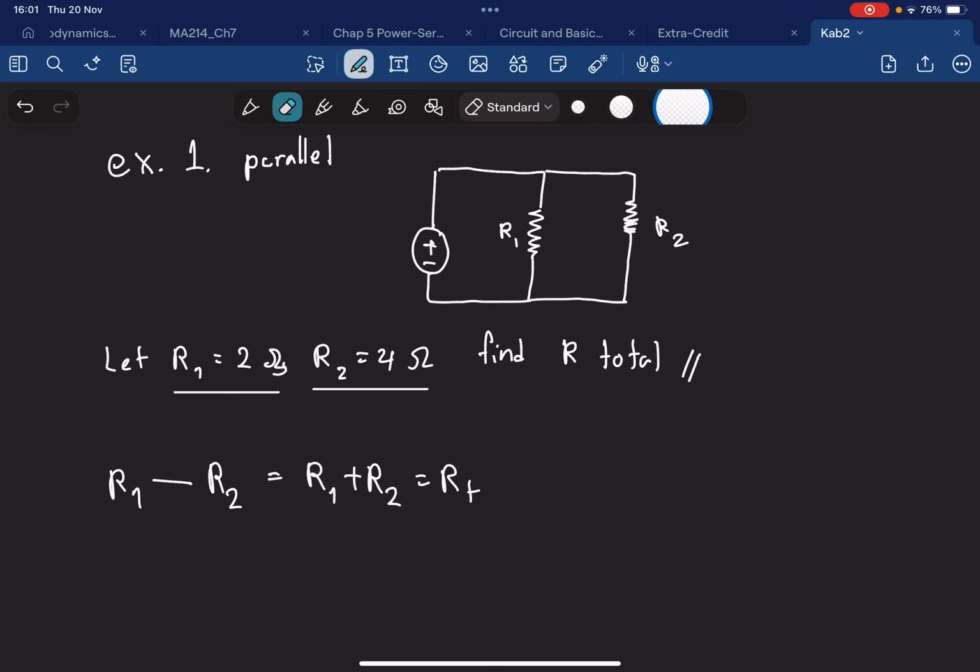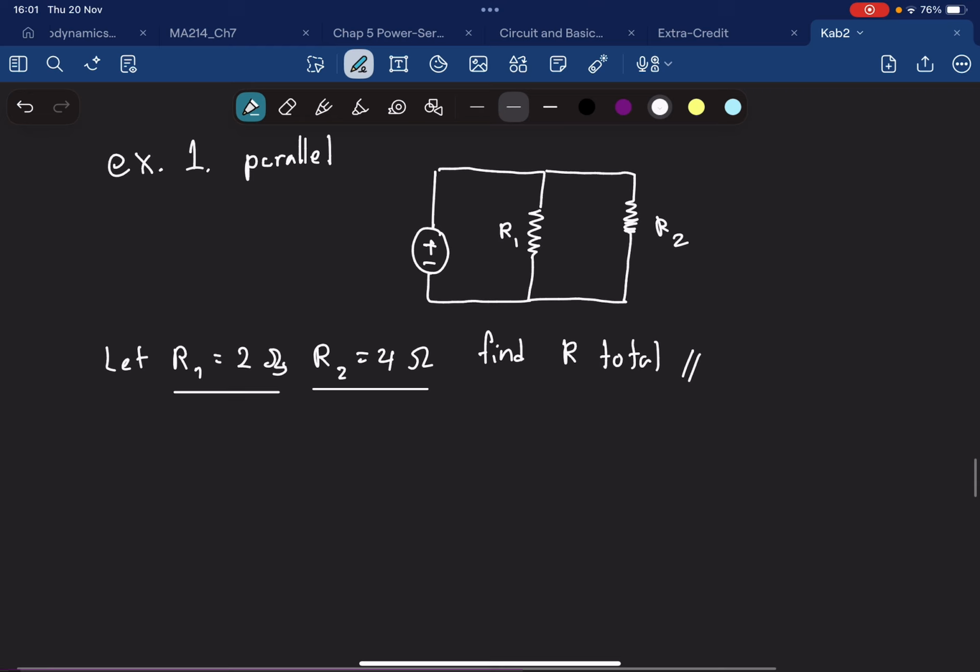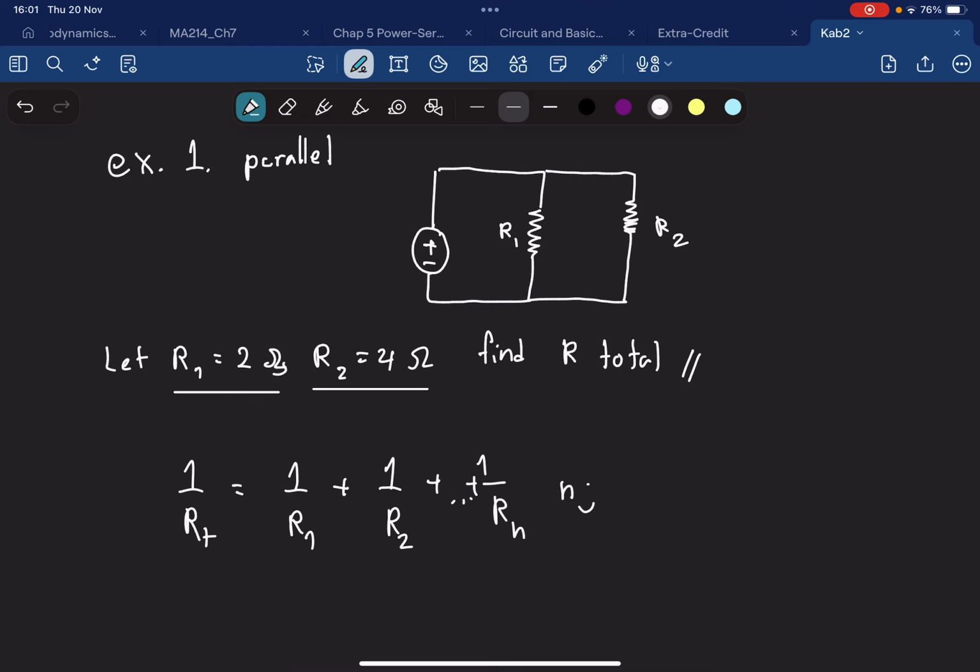But for parallel, we need to use 1 over R total equals 1 over R1 plus 1 over R2 plus 1 over Rn, and n is 1, 2, 3, and continues.